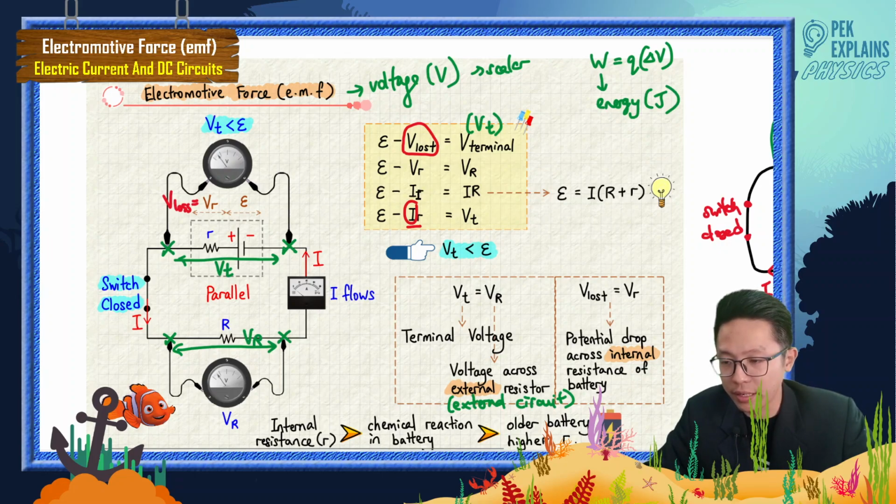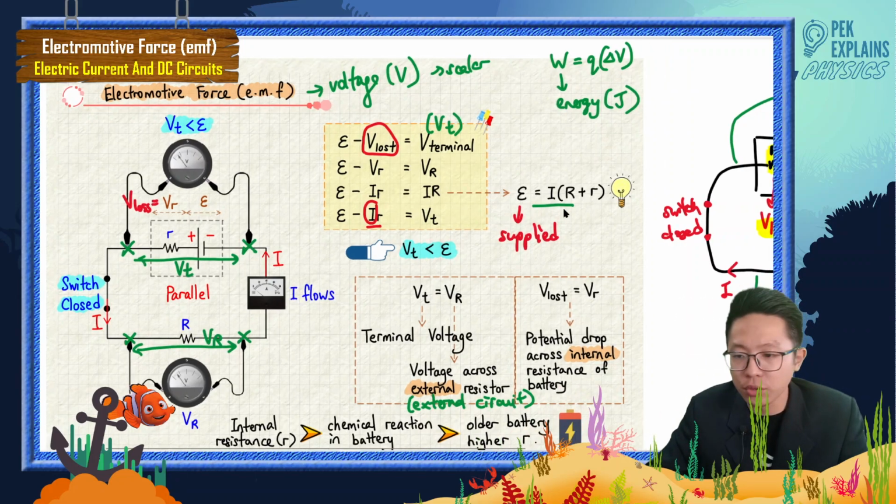If the Ir goes to the other side, it becomes this famous equation that we used in high school, our SPM. The EMF is actually the voltage supplied, but where is the energy being used up?